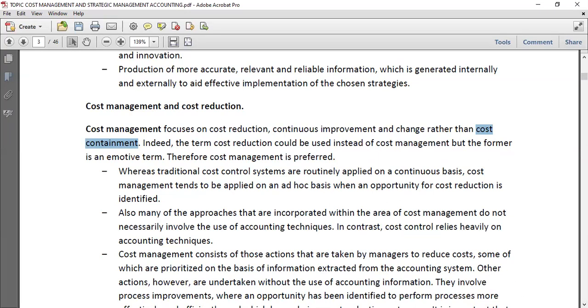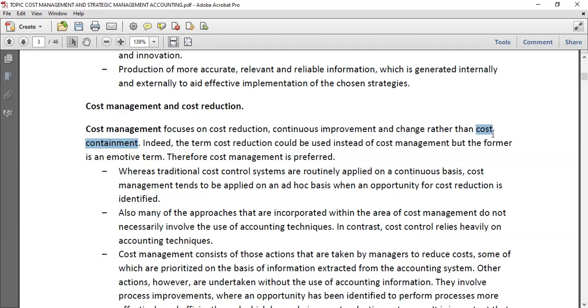And then one of the other things also, we are saying that many of the approaches incorporated within the area of cost management do not necessarily involve the use of accounting techniques. So basically, here, we don't need so much the accounting techniques, okay?